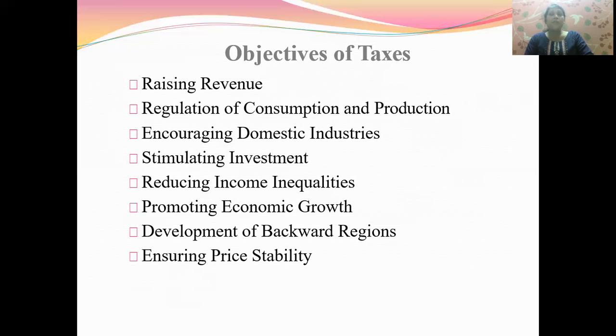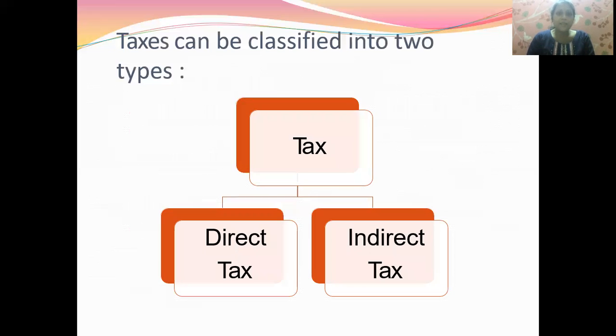Though there are several objectives of taxes, among these, raising revenue is very important, promoting economic growth is very important, and ensuring price stability is also an important part of the objective of taxes. Let us move to the next slide.